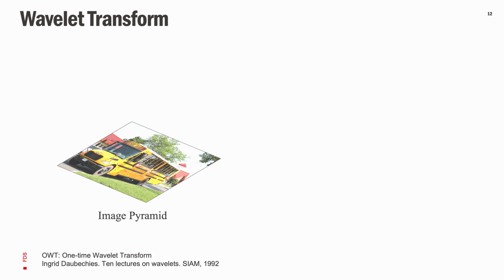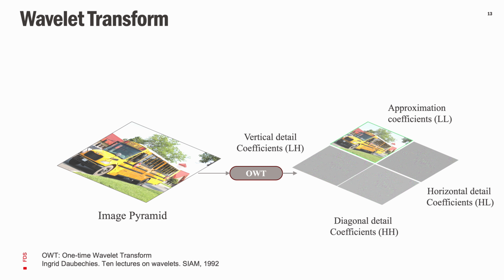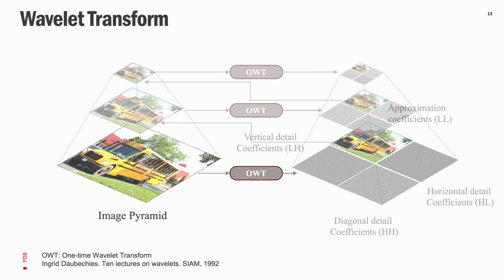To do so, we explore several frequency analysis techniques and ultimately adopt the wavelet transform, which provides multi-resolution analysis in both the spatial and frequency domains. The wavelet transform can be applied iteratively to produce a multi-level decomposition. Initially, an image is decomposed into high-frequency and low-frequency bands, where the high-frequency component emphasizes sharp changes depending on the chosen wavelet filter.